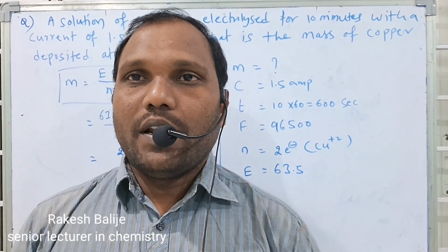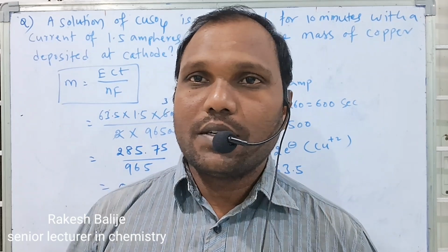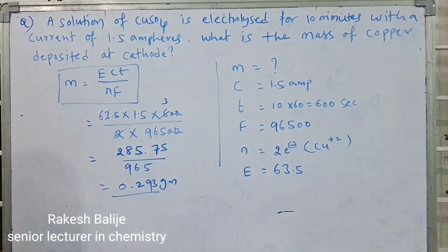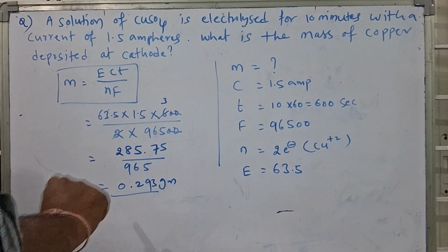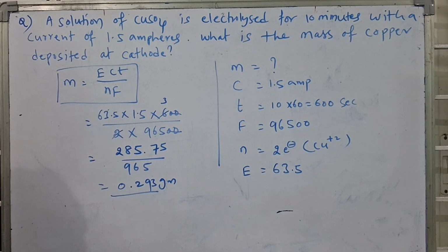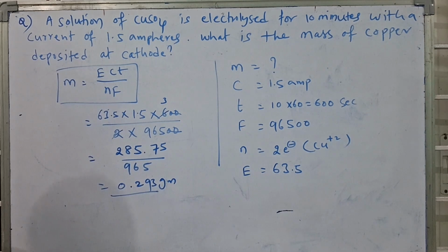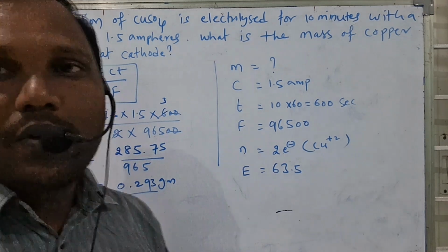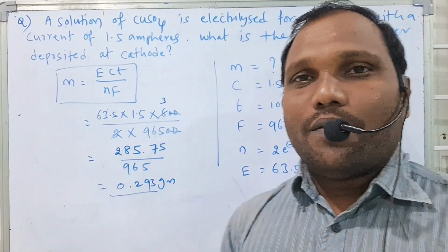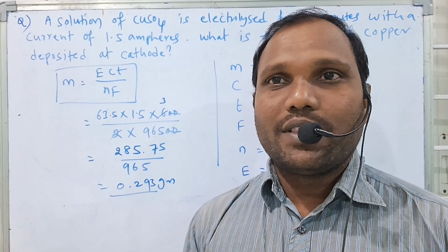Along with the electrolysis Faraday first law, this problem will also be asked. Okay, look here. A solution of copper sulfate is electrolyzed for 10 minutes with a current of 1.5 amperes. What is the mass of copper deposited at the cathode? Okay, here only the Faraday first law equation is used for solving the problem.